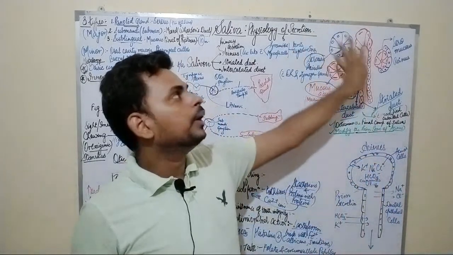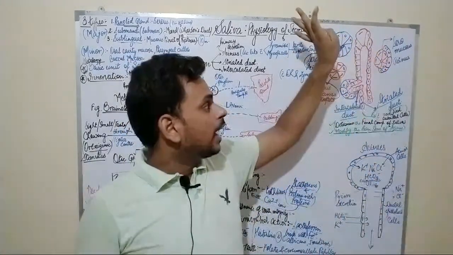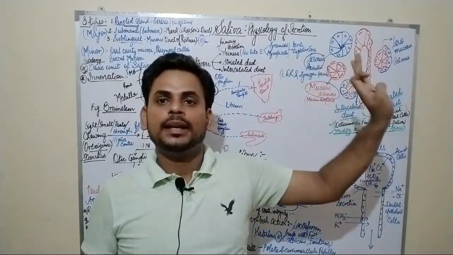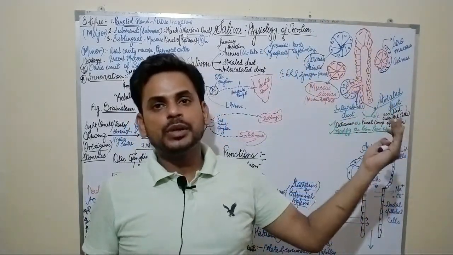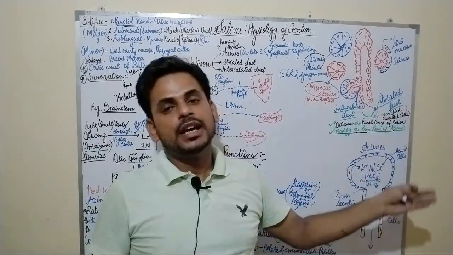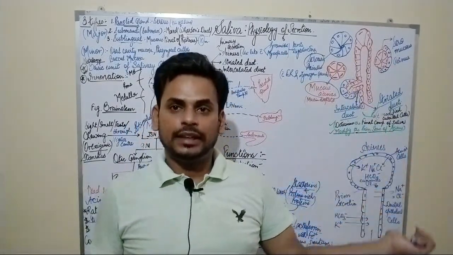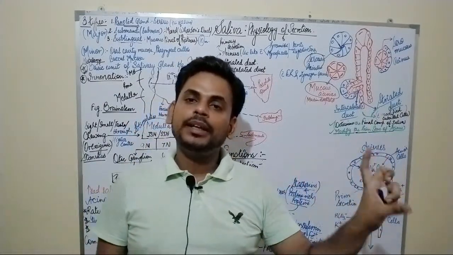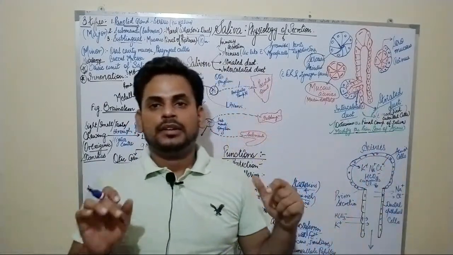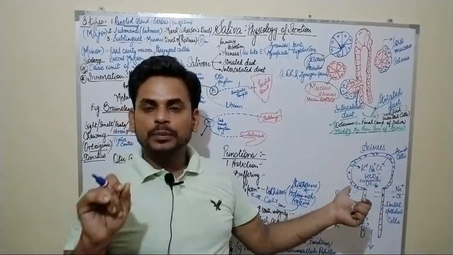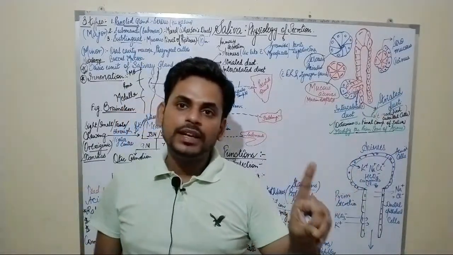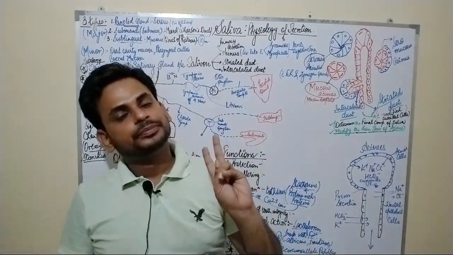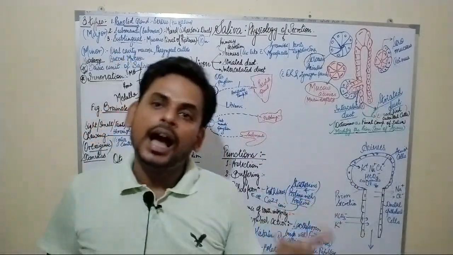Whatever volume is secreted by the acini during the primary secretion remains the same. The only modification is through ionic exchange, and the volume in both the primary and the secondary remains the same. So this was the fact you need to remember. Primary secretion is always isotonic to blood plasma, and the secondary, or final, secretion is always hypotonic to blood plasma.